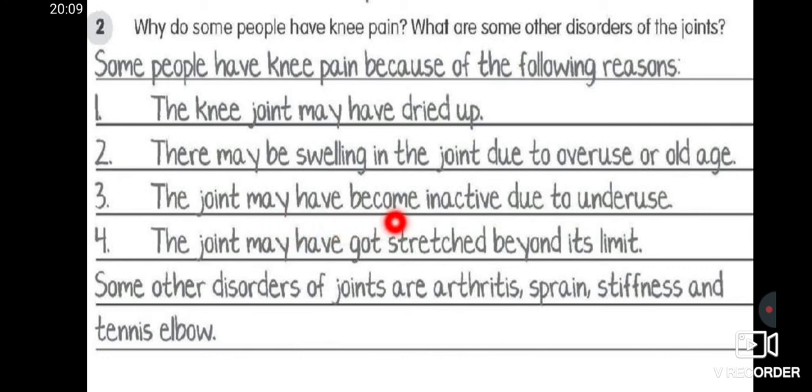The joint may have become inactive due to underuse. The joint may have got stretched beyond its limit. Some other disorders of joints are arthritis, sprain, stiffness, and tennis elbow.